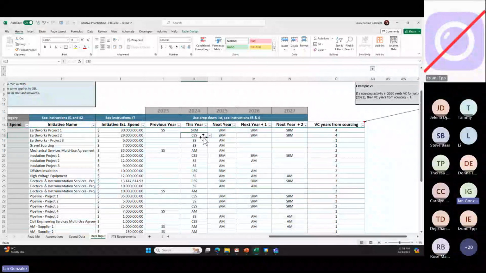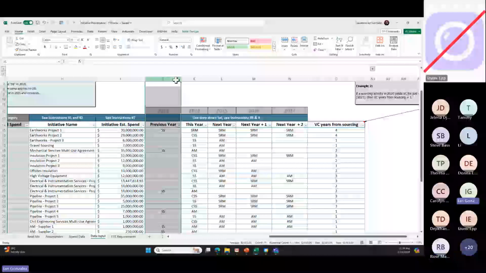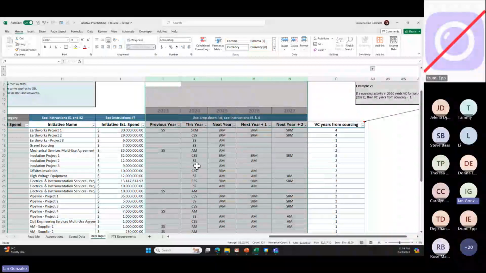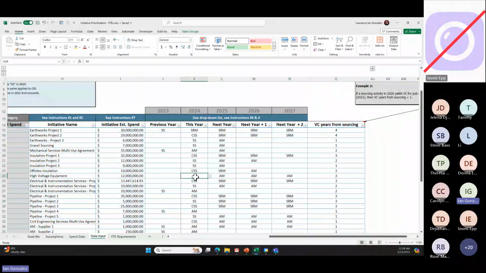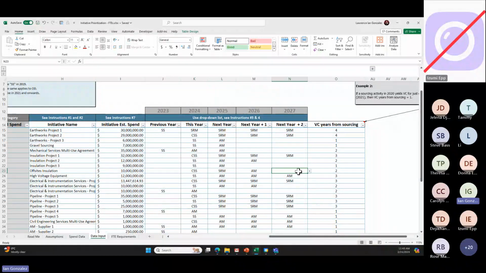Let's say this initiative is complex strategic sourcing, and next year we do supplier relationship management on them, and it will go on for 3 years. That's what these columns are for. From column J to N, you indicate when you start a kind of event and what you are doing afterwards. Are you doing simple agreement management for that sourcing event, or are you doing full-on SRM? And how long are you going to do SRM?